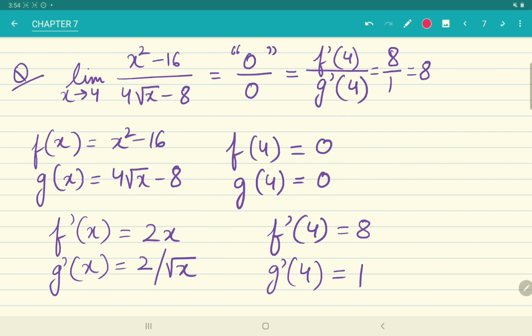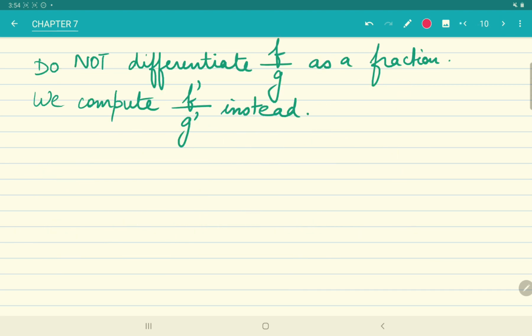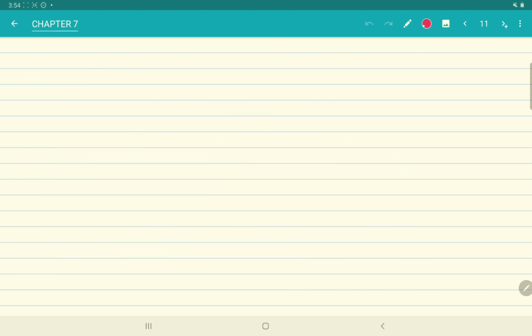So let's just take the general form of the L'Hopital's rule. Suppose that, we are not going to impose those restrictions on f and g now. In fact, the restrictions that we impose now are much weaker than what we have shown earlier.